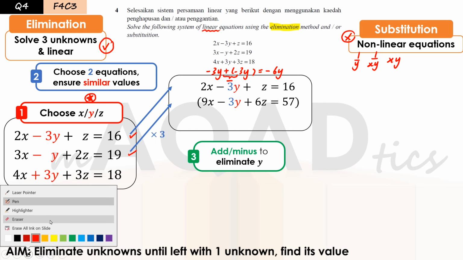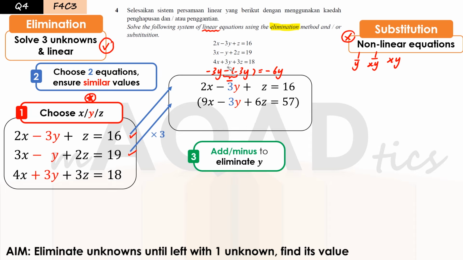So what we need to do is the other method, which is to minus. Let's see what happens. If we minus, negative and negative becomes positive, so negative 3y plus 3y, and in this case the value of y will disappear and become 0. So this means we are going to minus these two equations to eliminate the value of y.